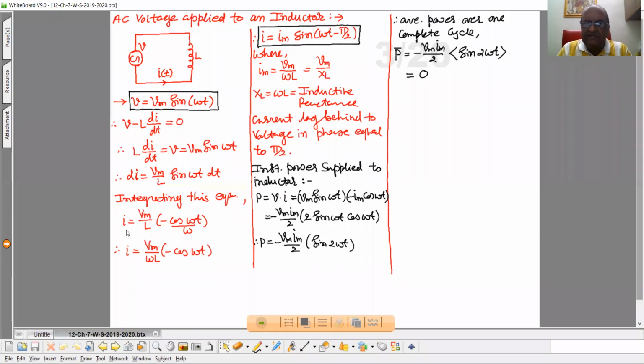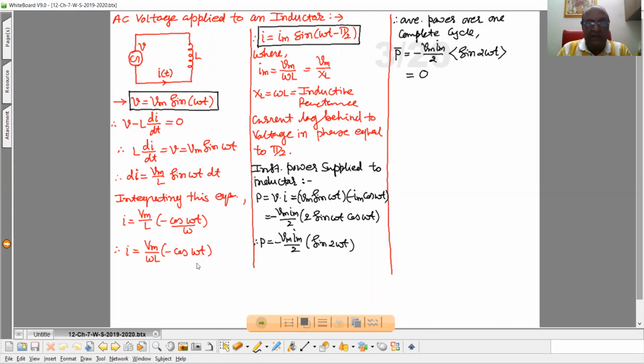integration of di is I, Vm by L as it is, then integration of sine omega t is minus cos omega t upon omega. So we can write I equal to Vm upon omega L into minus cos omega t.